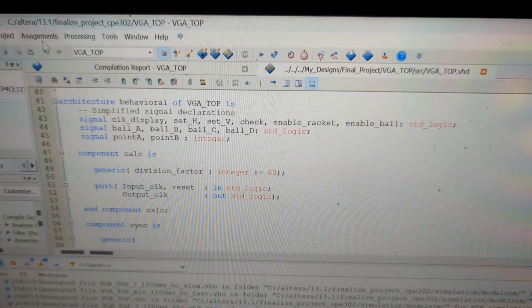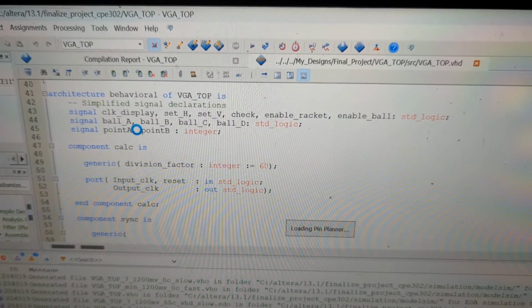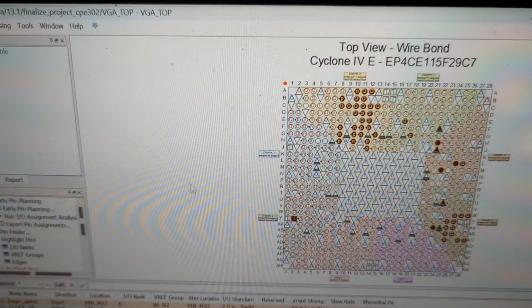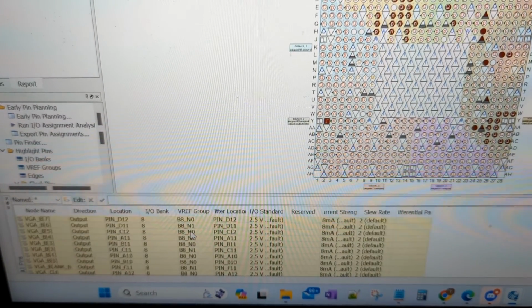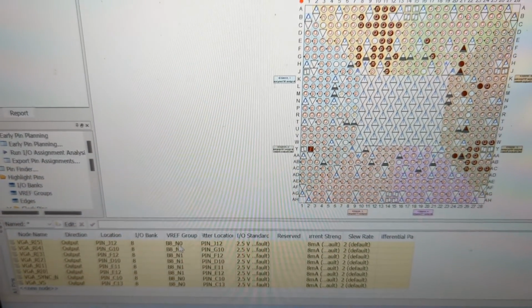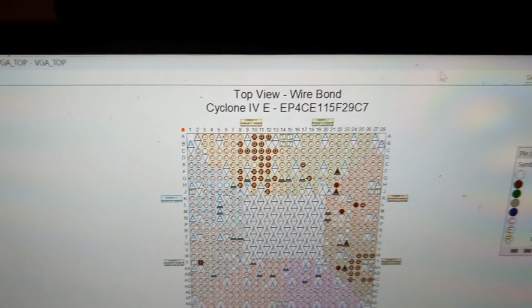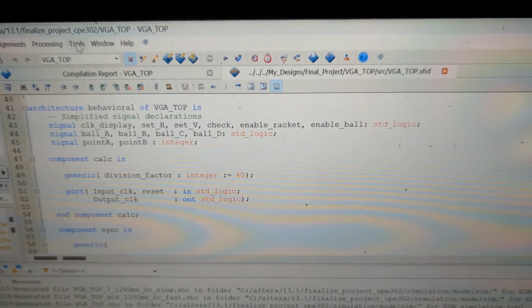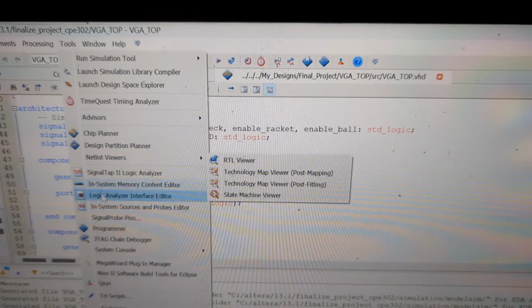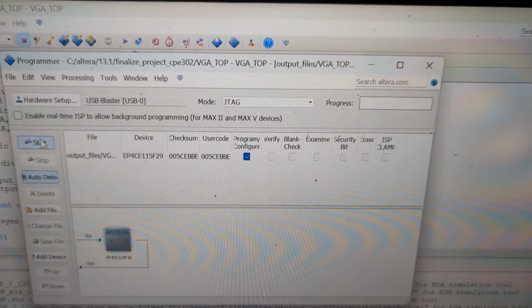And this is the pin planner assignment for the board, and then uploading to the board.